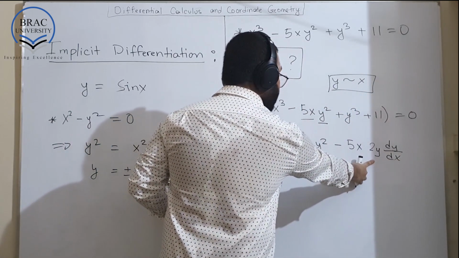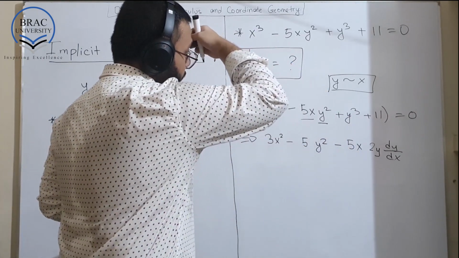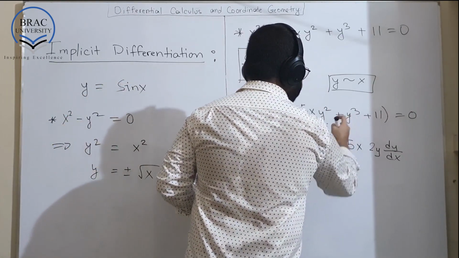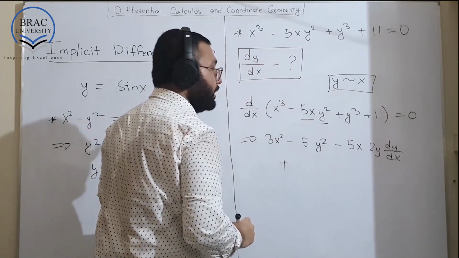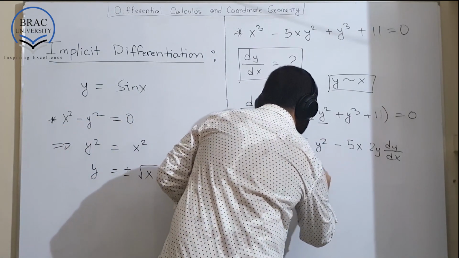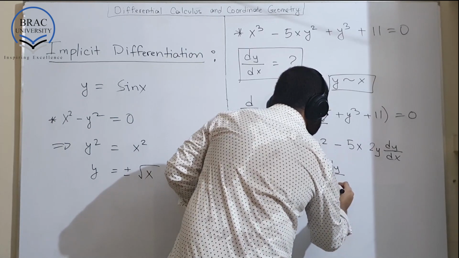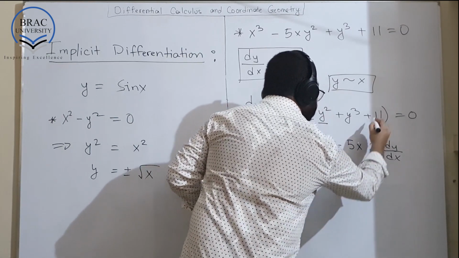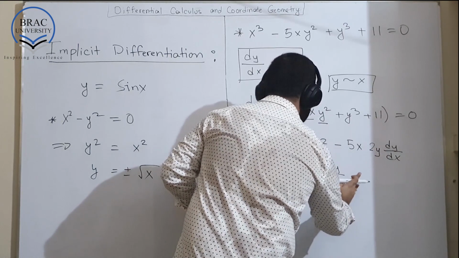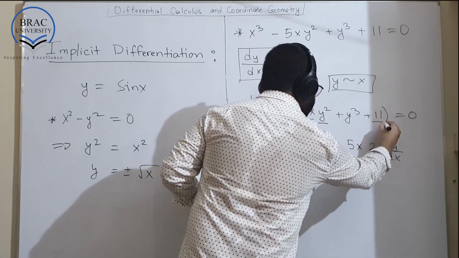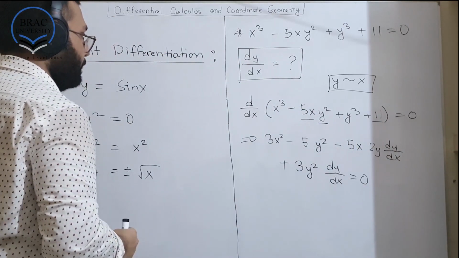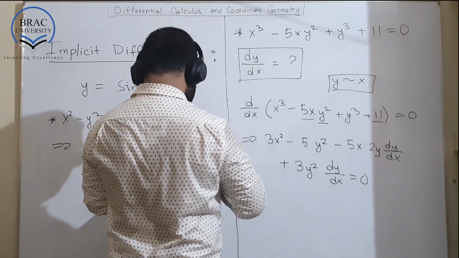I use the chain rule here. And what would be this thing? Just the same, 3y squared, plus, this is a constant, so its derivative is 0. So we have an expression like this.